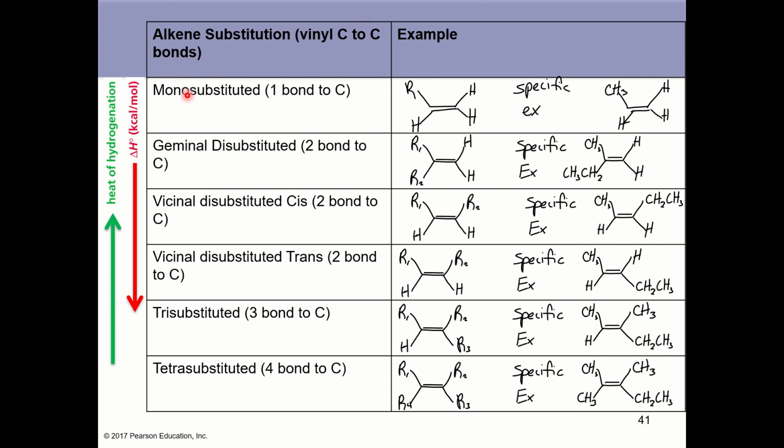Okay, so first we have monosubstituted. Well, actually, one thing that should be on the chart would be unsubstituted, but there's only one molecule that is unsubstituted, and that's ethene, where the vinyl carbons only have bonds to hydrogens. So we're going to talk about more complicated alkenes than ethene.